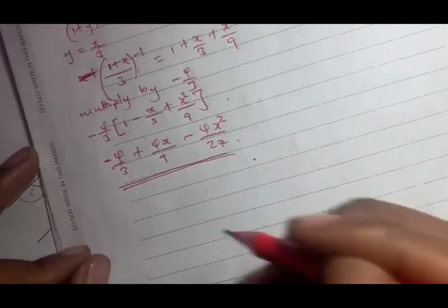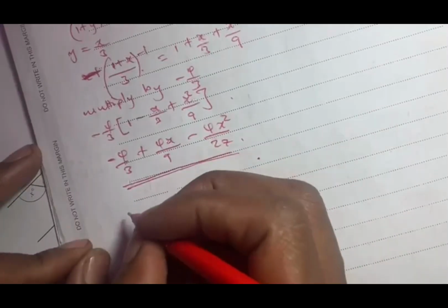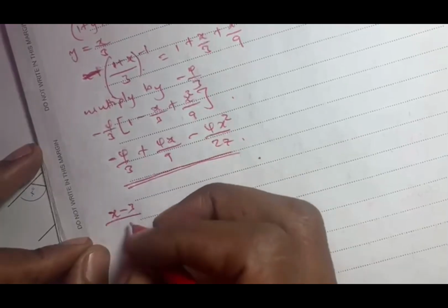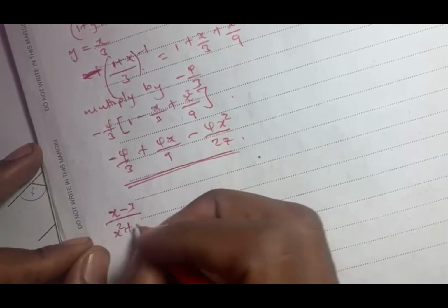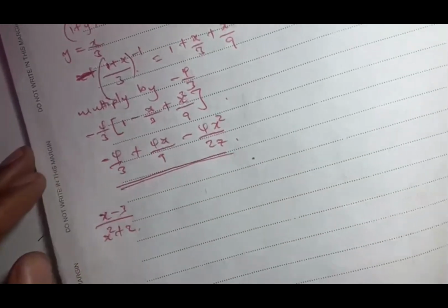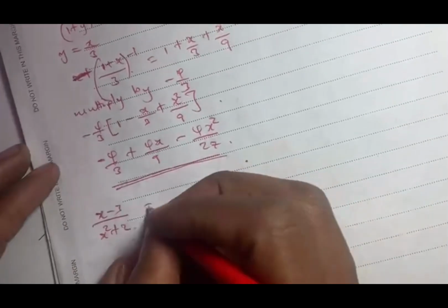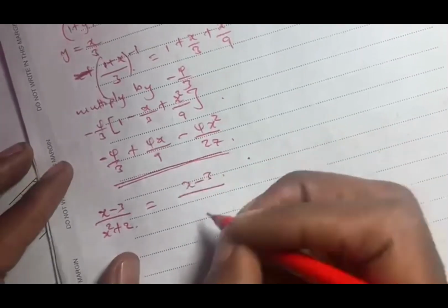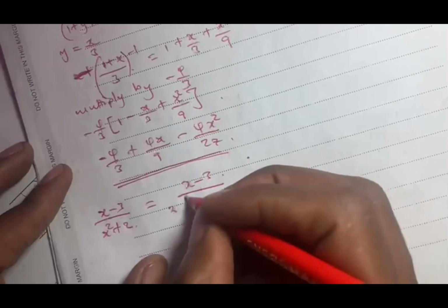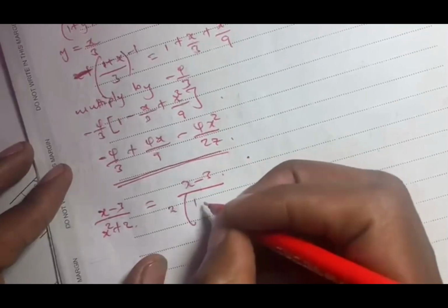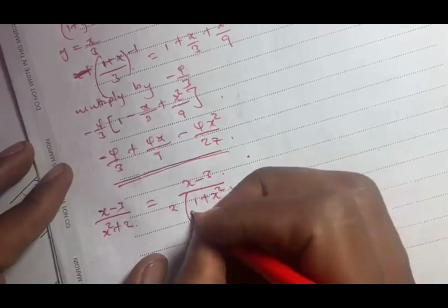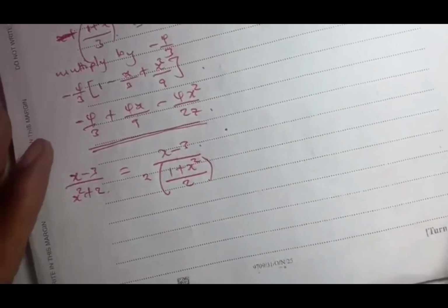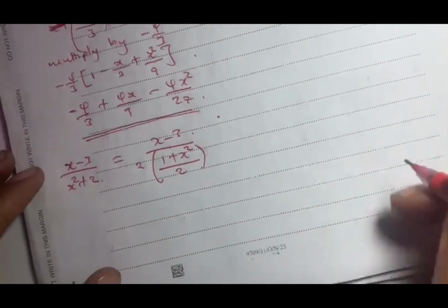So we go on to term number 3, which is x minus 3 over x squared plus 2. I'm going to expand that one. This will give me x minus 3 over 2, open bracket, 1 plus x squared over 2.